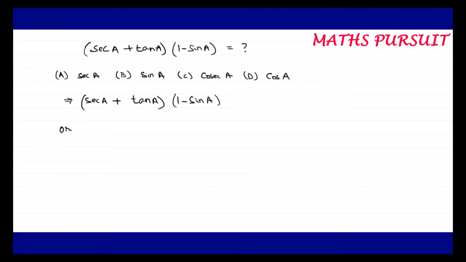I am just going to convert sec A and tan A in terms of sin and cos. So I can write the above equation as: sec A is nothing but 1 upon cos A, plus tan A is nothing but sin A upon cos A, into 1 minus sin A.